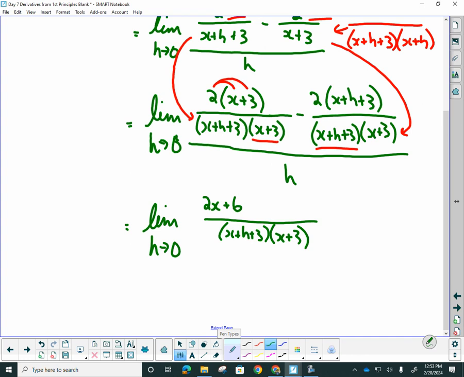Now, the second part. The second part, we are subtracting this rainbow. So I'm going to write the numbers down, but I'm going to show you something here. So it's 2 times x, which is 2x, 2 times h, which is 2h, and 2 times 3, which is 6. Except I am subtracting each of those rainbowed answers. You see that I have this minus here. You might find it easier to imagine that you're not rainbowing just a 2, but you're rainbowing a negative 2.